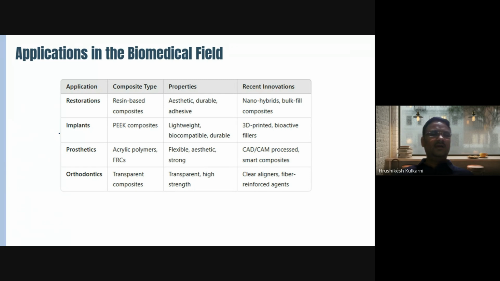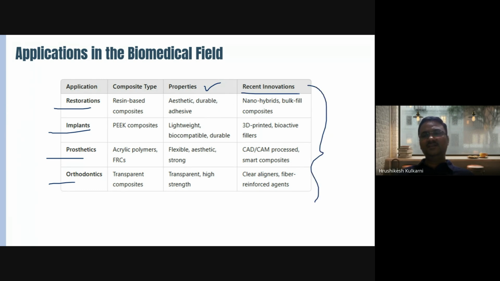Here I have selected some of the composite applications and their properties: restoration of a body component, implant in the body, prosthetics, and orthodontics. Here we are using these polymers for their properties and different manufacturing techniques.